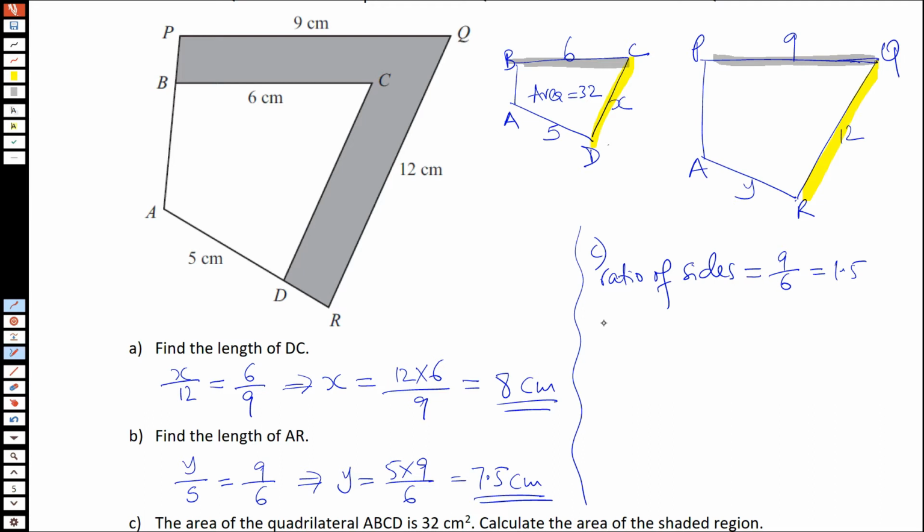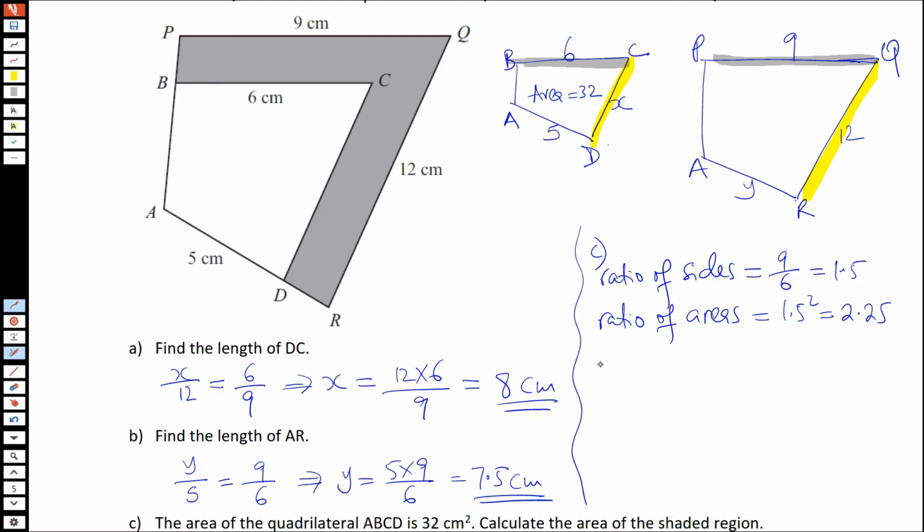And then from there, the ratio of the areas will be 1.5 squared, which is 2.25.